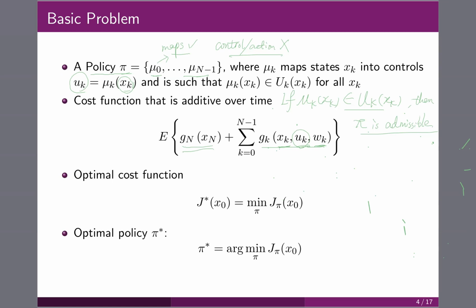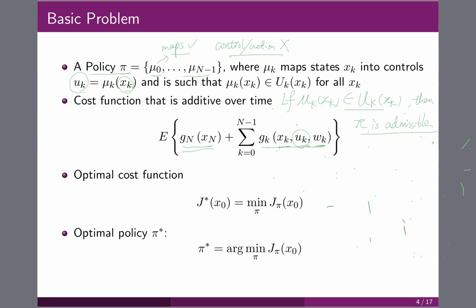So it consists of two parts. From k equal to 0 to N minus 1, the cost is a function of xk, the state, the control, and the random noise. And at the last stage, stage N, this is the terminal cost. So gN is special. It's only a function of xN. So this is the formula.